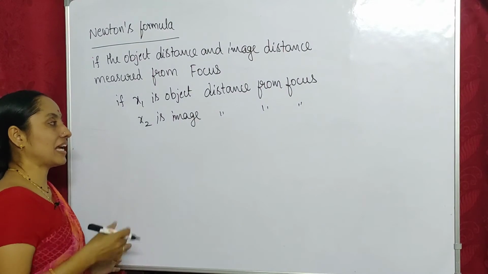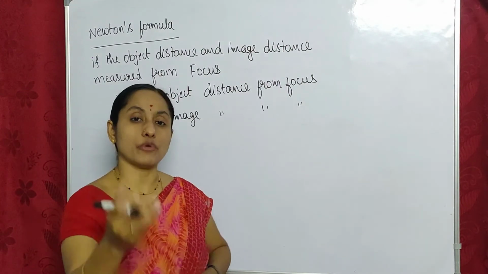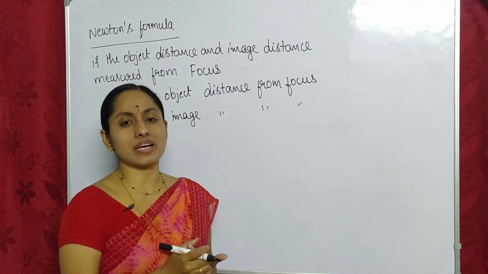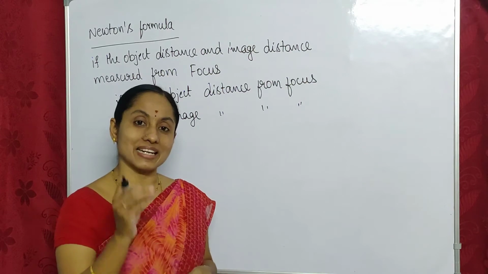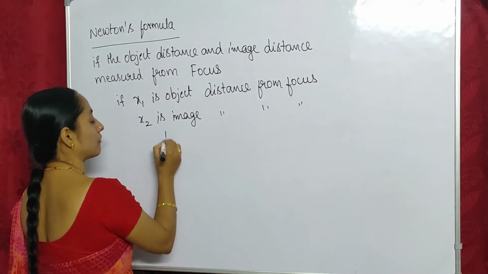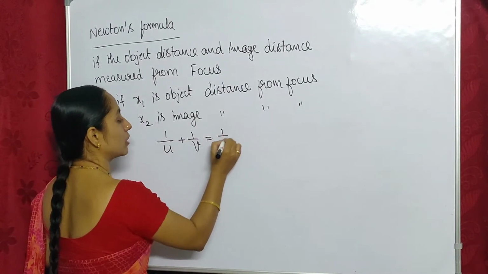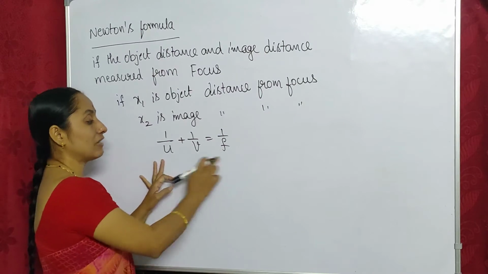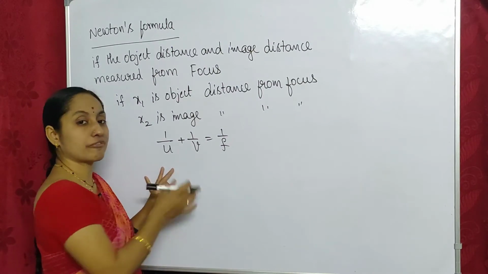So if x1, x2 are considered to be object distance and image distance from focus, when we are considering focal length, what would it be? Focal length, let us leave it as f only. So I can write here, the formula is 1 by u plus 1 by v is equal to 1 by f. But when should we use this formula? Only when lengths are measured from pole.